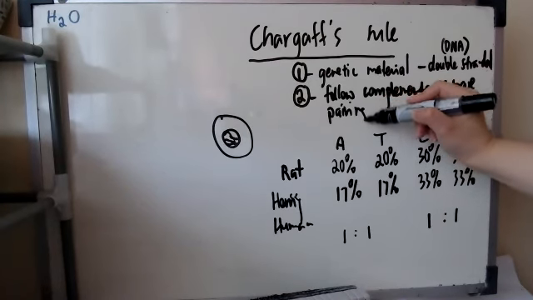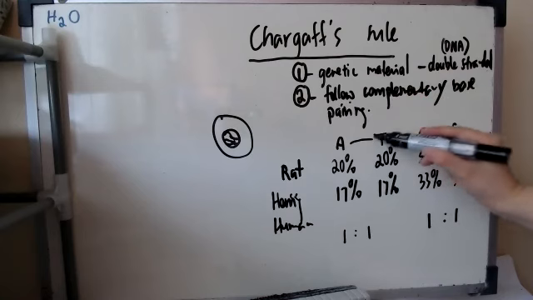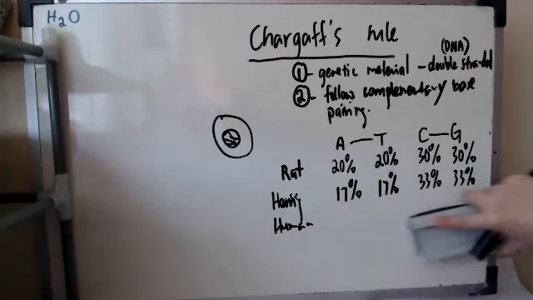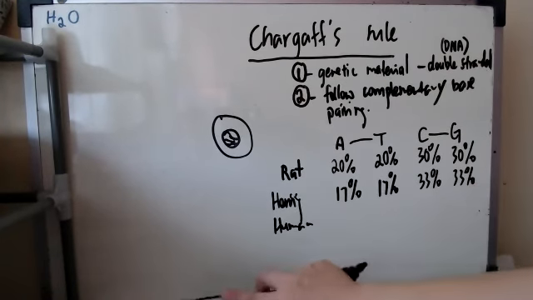Meaning, A can only pair up with T, C can only pair up with G. Remember the shape that I showed you just now?